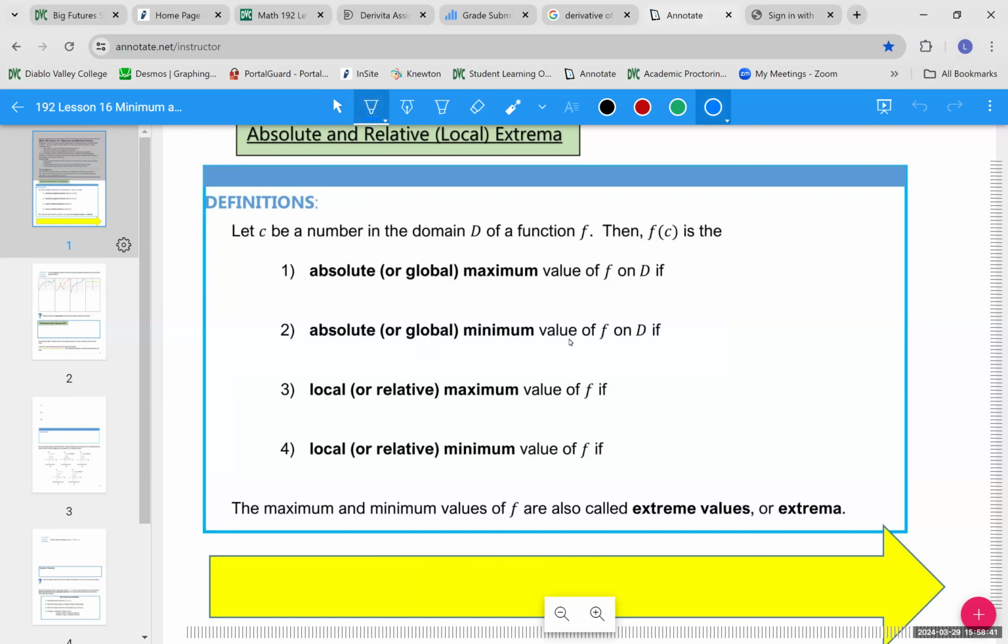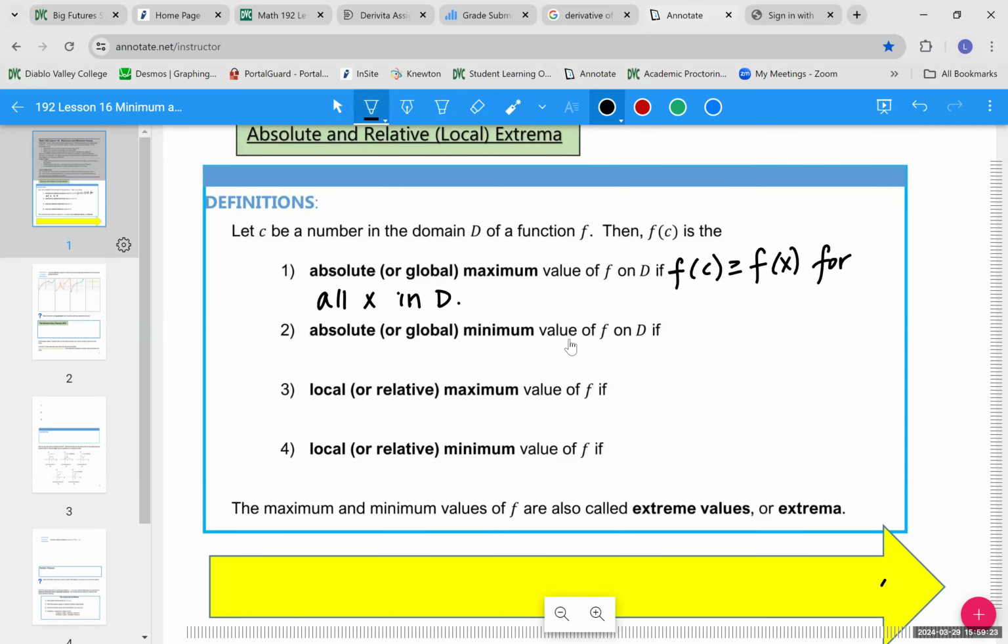Then f of c is an absolute maximum, which we sometimes call a global maximum of f on D, if f of c is greater than or equal to f of x for all x in D. So that's saying that this y value, f of c, is bigger than or at least equal to every single other y value, for all x. So that's why it's called an absolute or a global max.